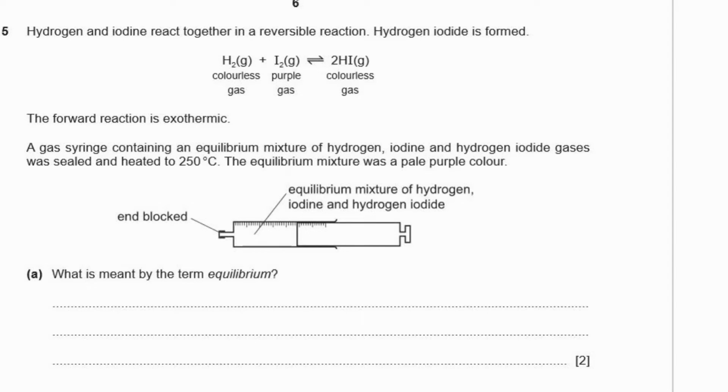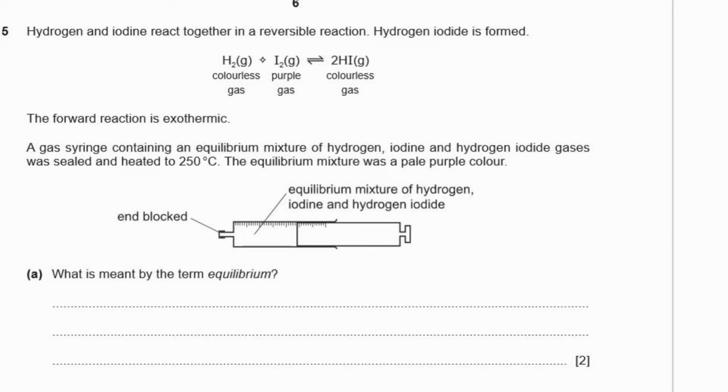Question 5. Hydrogen and iodine react together in a reversible reaction. Hydrogen iodide is formed. So we have H2 gas, which is a colorless gas, and I2 gas, which is a purple gas, and in this redox reaction, 2HI is a colorless gas. So on the left-hand side, it's purple because purple wins over colorless, and on the right-hand side, it's colorless.